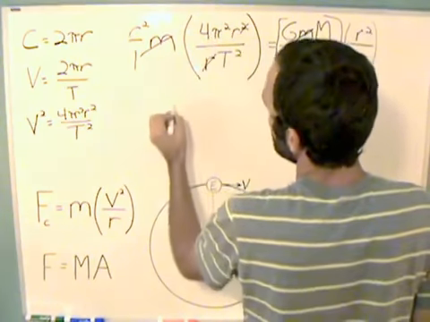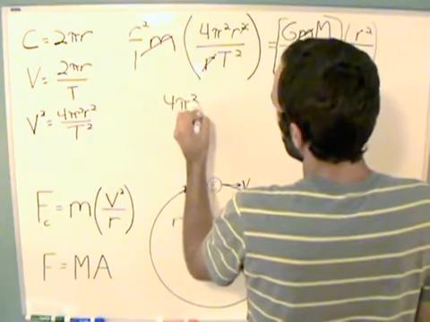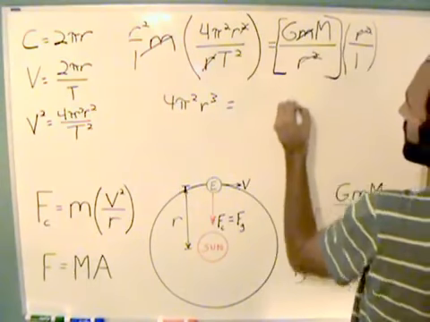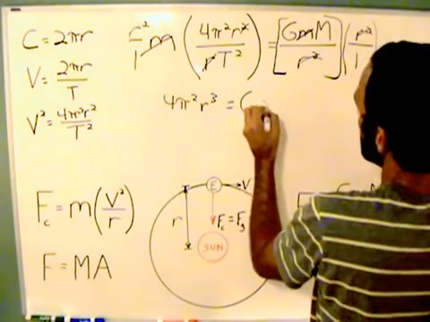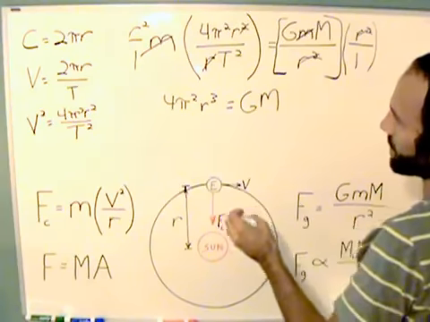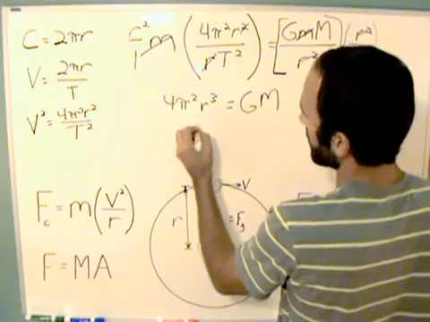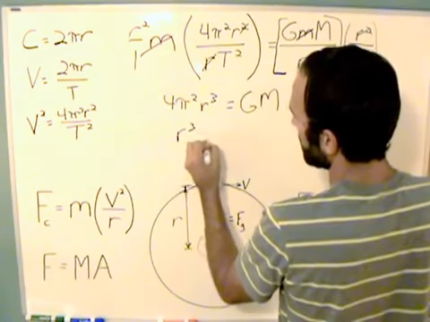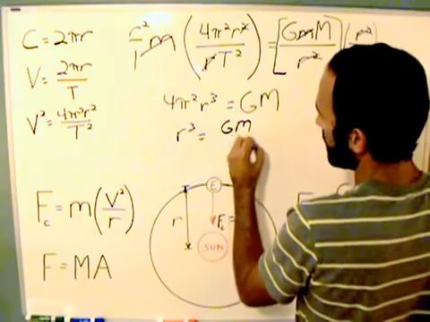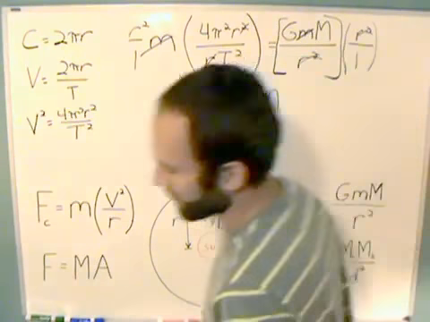That gives us 4 pi squared r cubed equals, cancels on this side, G times big M. And then we want to get r by itself over here, so we just divide by 4 pi squared. I'm not going to actually show the steps, but we'll just say r cubed equals GM, nope, I missed T, T cubed. And let me just write this out.